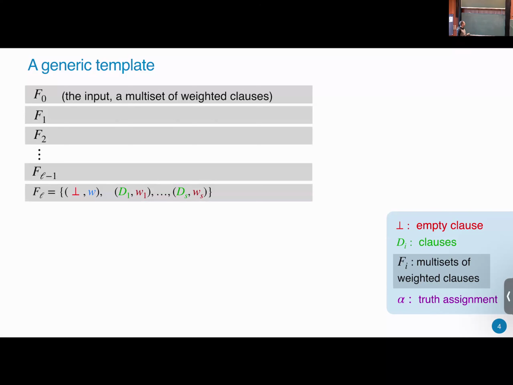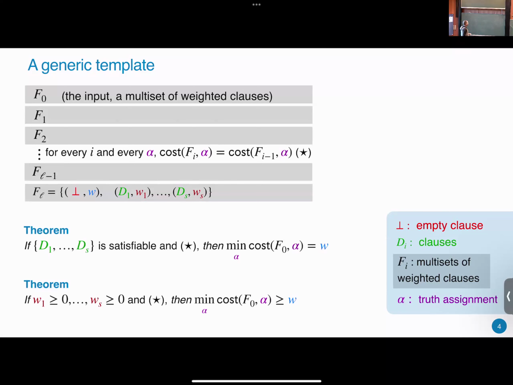And now for this to certify that the weight is at least some value, we need that for every time step to the next, for every assignment, we preserve the cost. So we need to design rules such that they have this property. And now if we have this property and the other clauses that are in the last time step together with the false clause are all satisfiable, then the minimum cost will be W. The minimum cost of what?